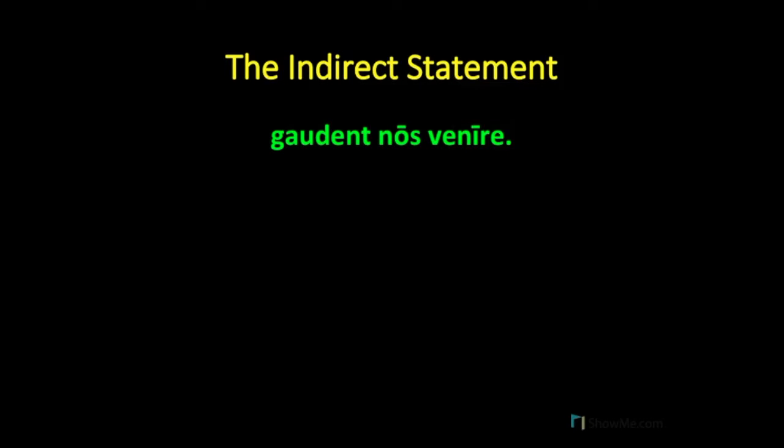Okay, our second example. Gaudent nos venire. Main verb is gaudent. Our subject is they from the nt ending. Nos is the accusative subject of the indirect statement, and venire is the infinitive. Again, we have all 3 elements of the indirect statement.